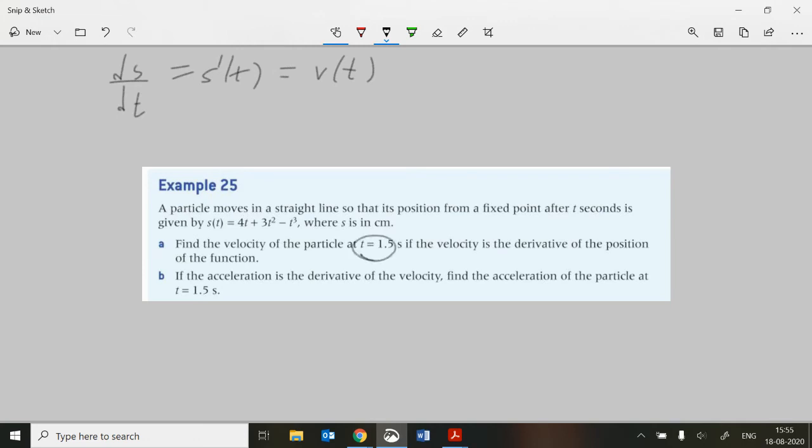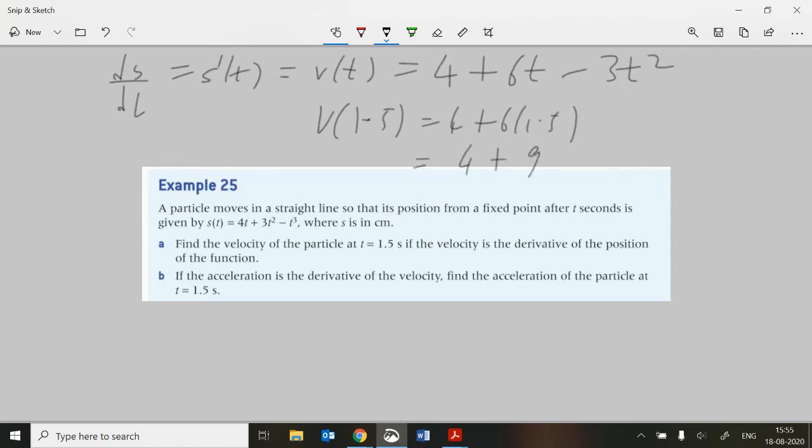Okay, so what have we got? We've got the velocity of this particle at time t is 1.5. If the velocity is the derivative of the position function, well, we've already talked about that. So we're getting here 4 plus 6t minus 3t squared. And now we need to substitute in our 1.5. 6 lots of 1.5 is 9. I might struggle with the next bit.